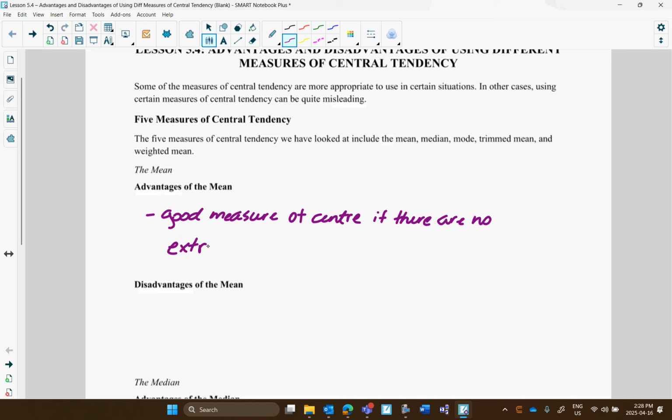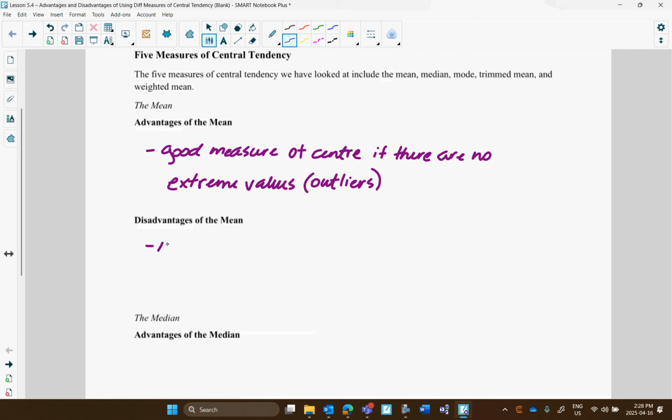And another word we use instead of extreme values is outliers. Which leads to, of course, the disadvantage of the mean. Not a good measure if there are outliers.